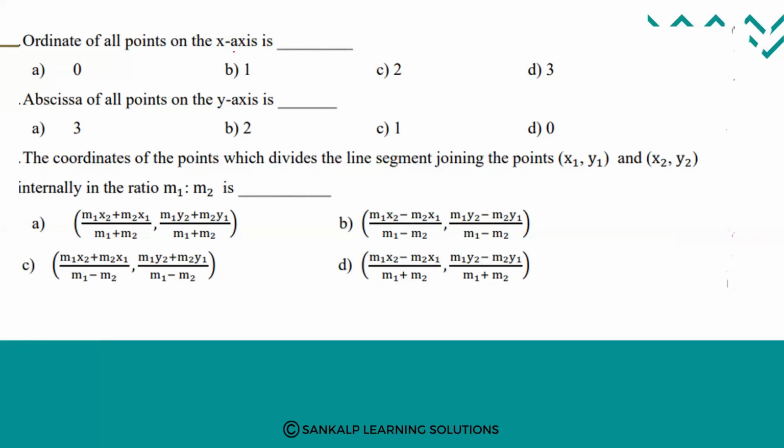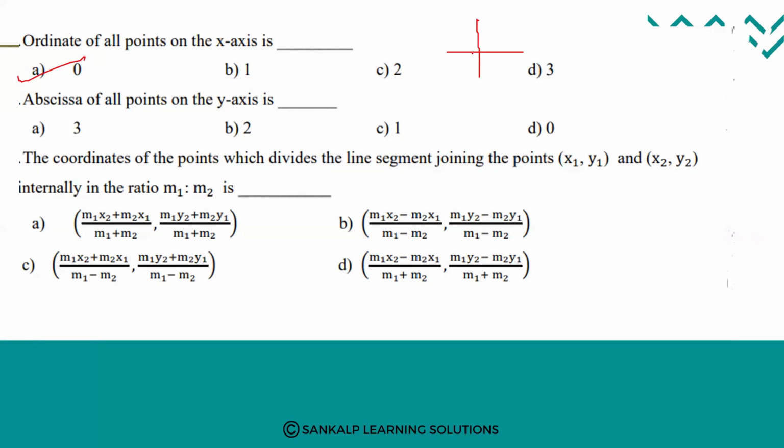Ordinate of all points on the x-axis. Ordinate, abscissa. Y-axis we call it as the ordinate and x-axis we call it as the abscissa, right? So ordinate of all points on the x-axis is 0.